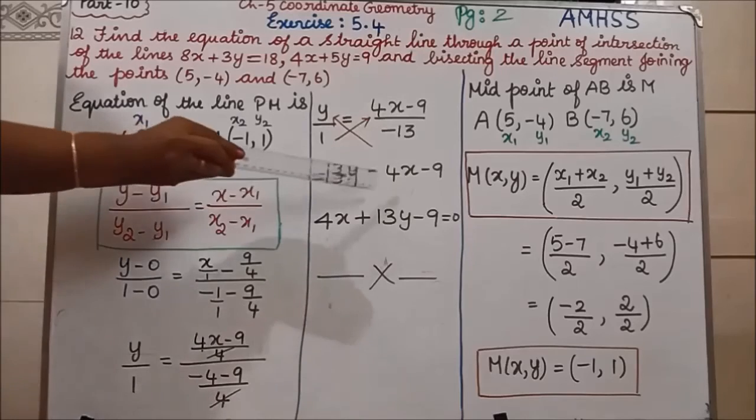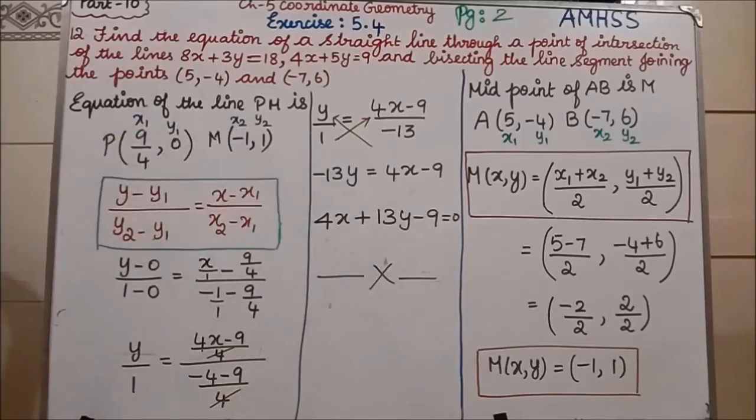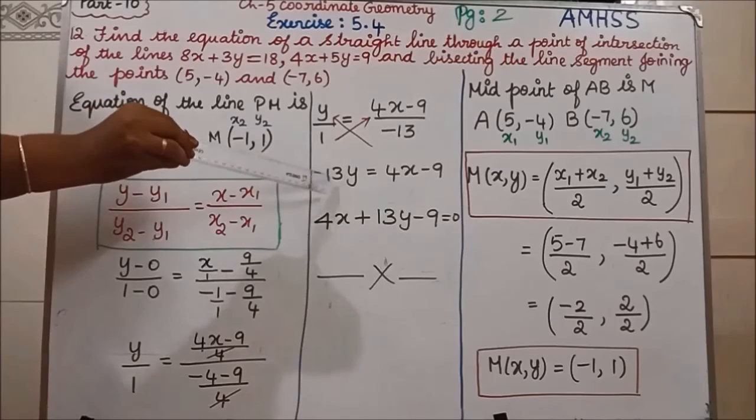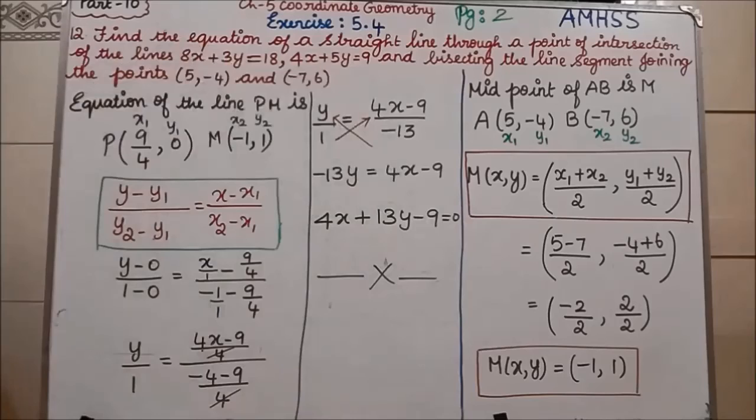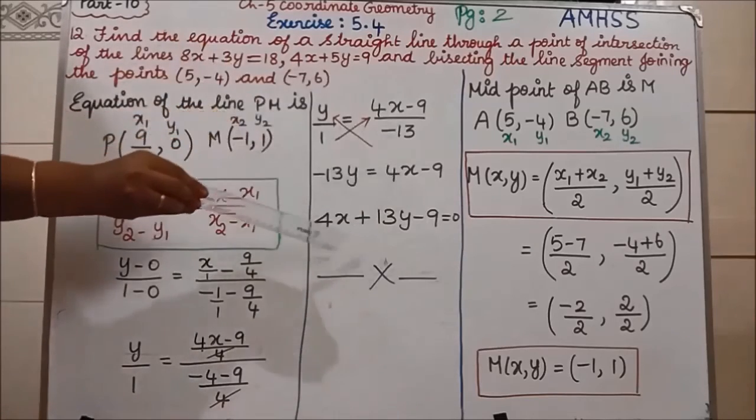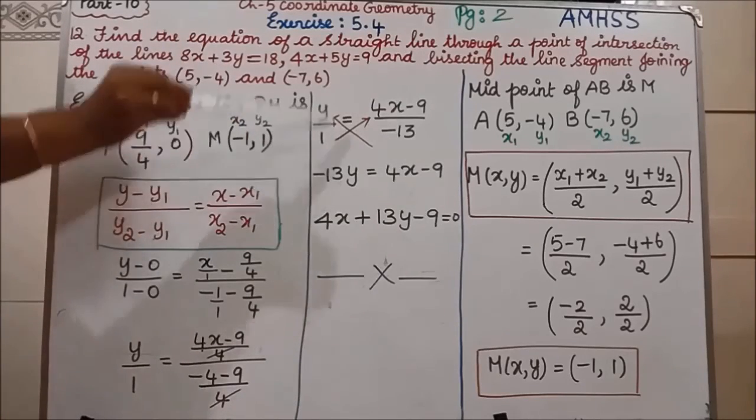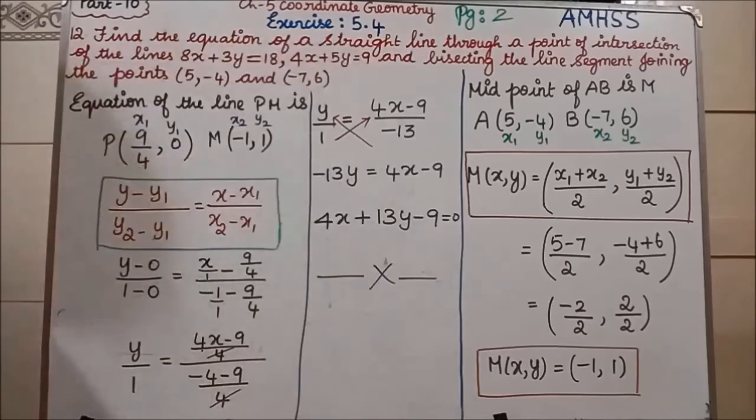So here the x term is already positive, so keep the x term on the right-hand side itself. You take only the y term to the right-hand side. So 4x I am writing as such. The −13y comes to this side, it will become +13y − 9 = 0. Clear students, all of you, the 12th question?